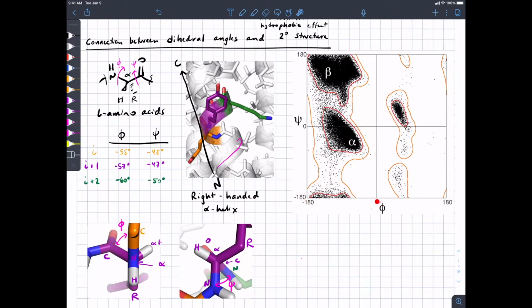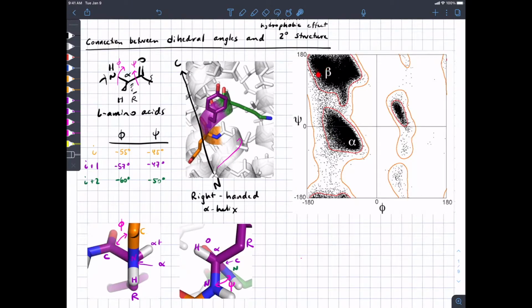Mostly negative values of phi, and then positive and negative values of psi are tolerated. If you have phi-psi angles in this area, those tend to be consistent with helical secondary structure. Not every example in here is within an alpha helix, but if you had a string of consecutive residues with those dihedral angles, it would for sure be in an alpha helix.